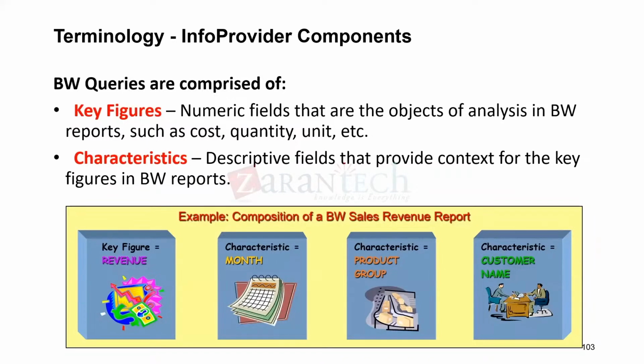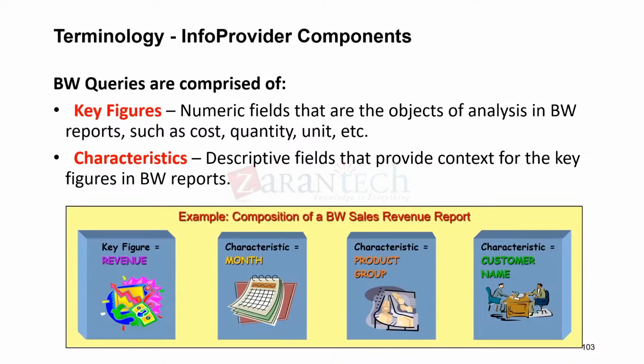The data which is displayed in a report is categorized primarily into two categories: numeric data and non-numeric data. I would say numeric data is something which has got numbers in it, and non-numeric data is the descriptive data. Okay, so the numeric data in BW terminology is called key figures, and non-numeric data is called characteristics or the descriptive data.